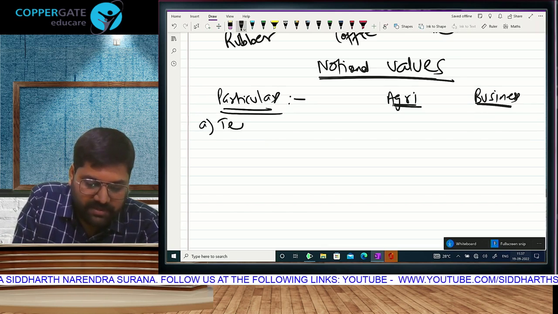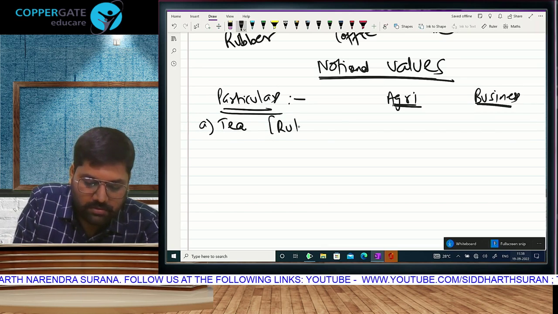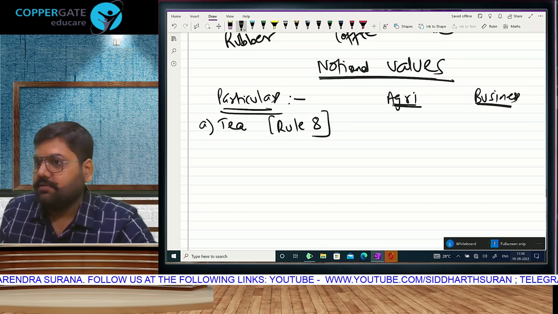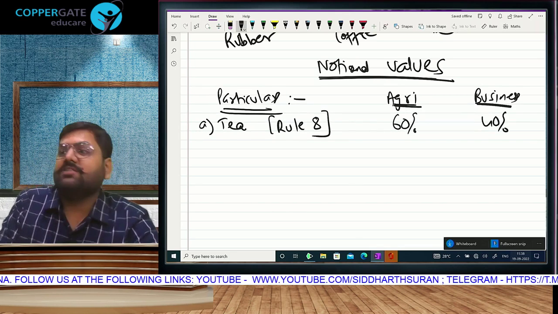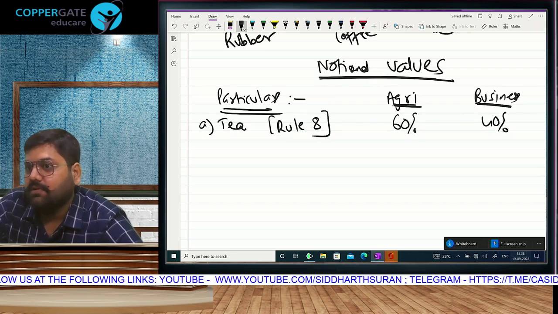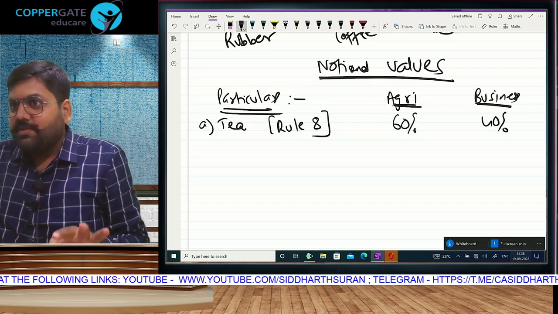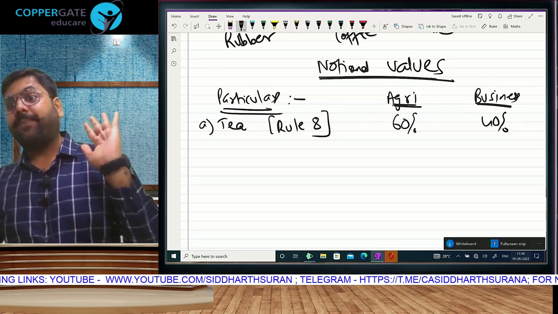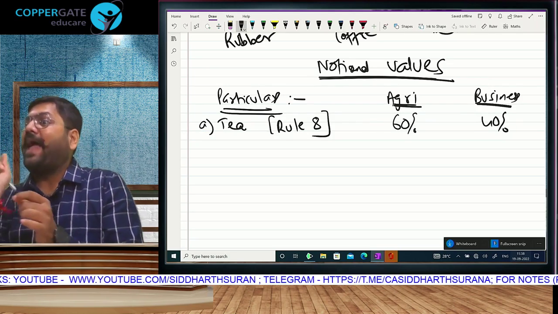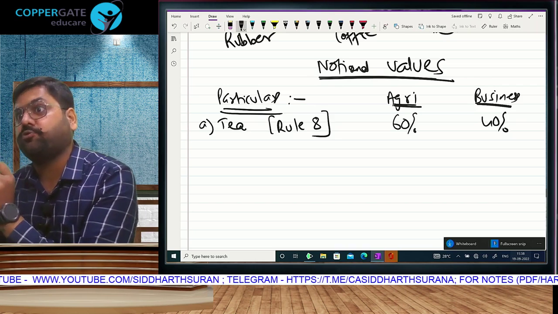Tea business. Given in which rule? Rule 8. It says 60% is agriculture, 40% is business. Don't get into the headache of finding the fair market value like you did for sugarcane.